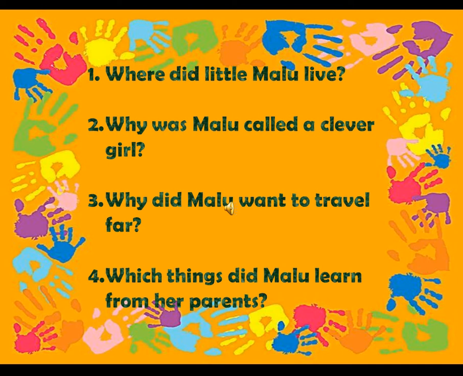Why was Malu called a clever girl? Number 3. Why did Malu want to travel far? Number 4. Which things did Malu learn from her parents? These are very easy questions. I hope you can answer the questions without any problems. And if you're still facing any problem in understanding anything, do watch the video once again or go through the first 4 paragraphs.